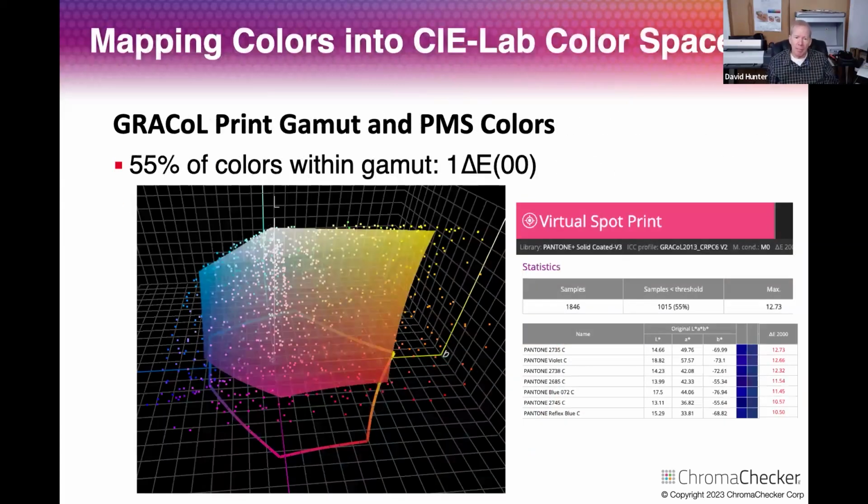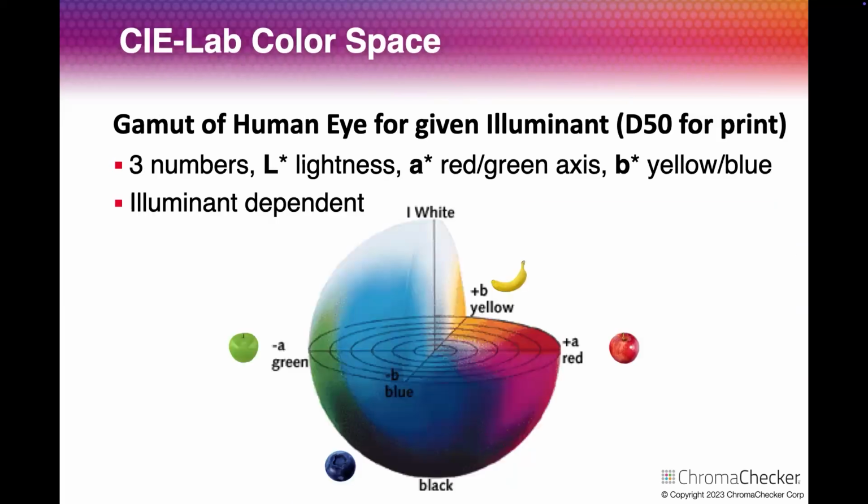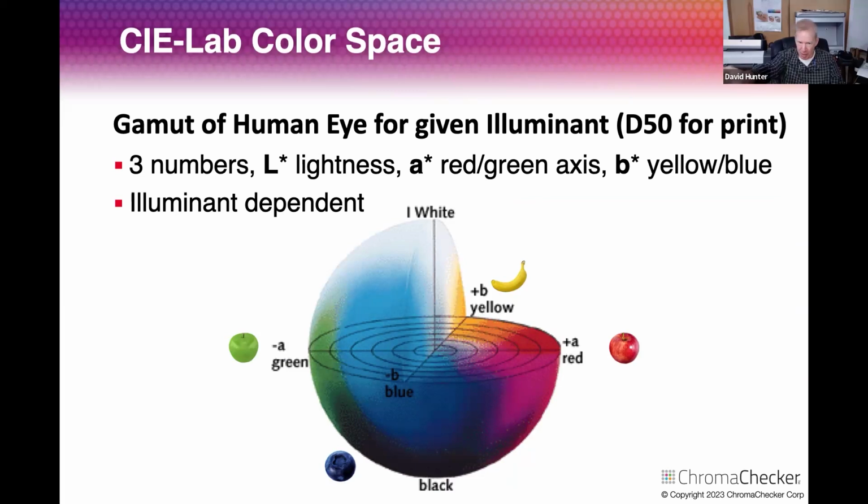Now, to show you an example, yes, question. The question is, isn't the red-green axis really a magenta-green axis in LAB space? So the A-axis represents really from the red to the green. If you look on the right, the positive A is red, the negative A is green. And then the same with the B-axis.